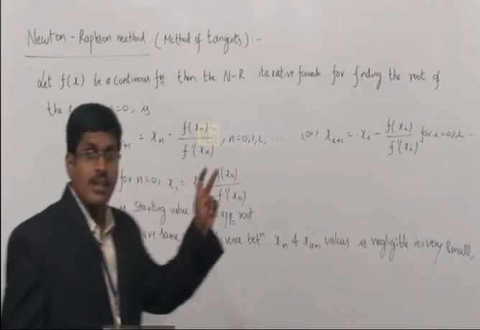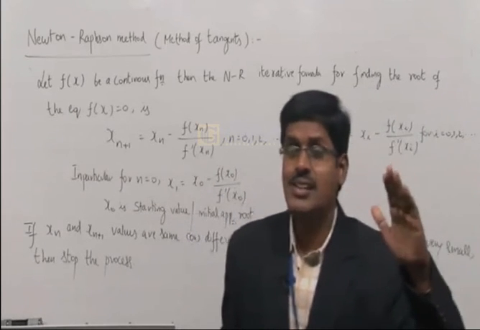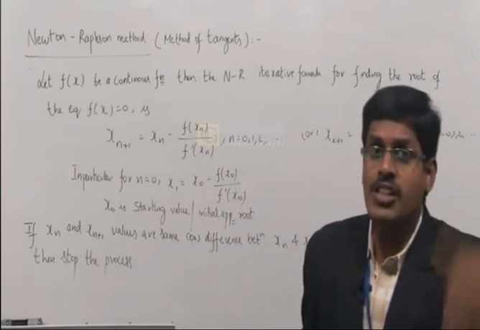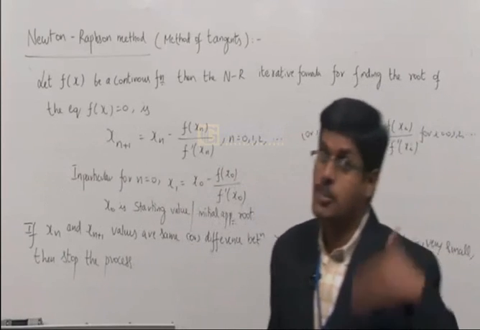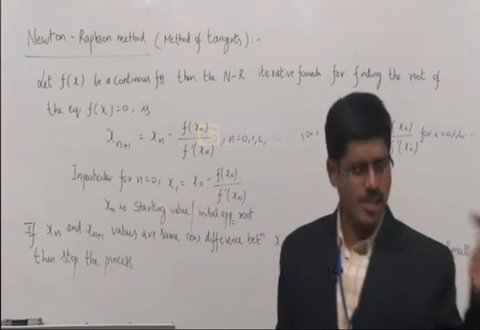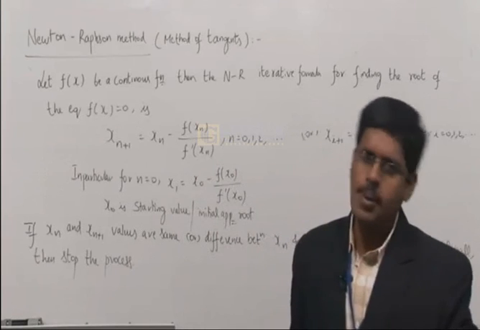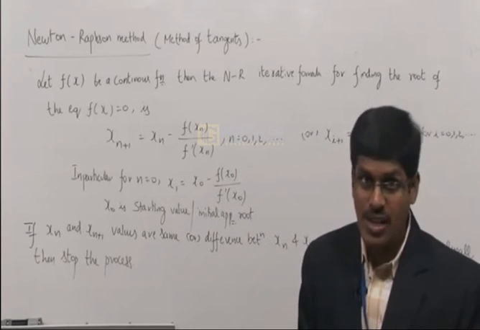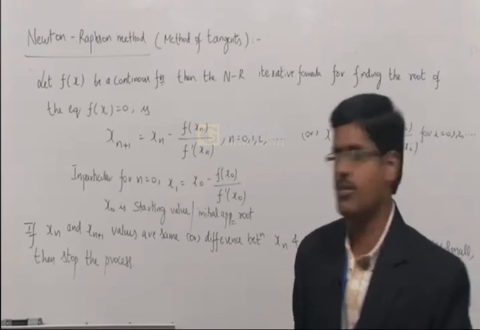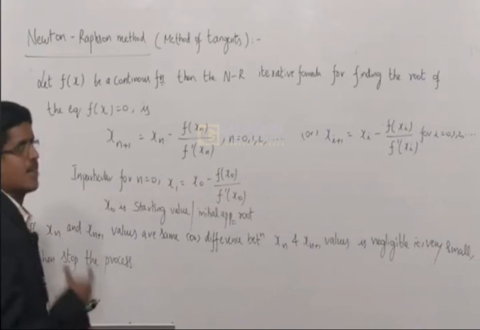In the bisection method, continue the process until the desired accuracy of the root is found. Desired accuracy means, depending on the problem, up to 3 decimal places or up to 2 decimal places, it will be mentioned. Or depending on other statements of the problem, you stop the procedure. That is called until the desired accuracy of the root is found. That means doing up to the 3rd iteration could be the desired accuracy.